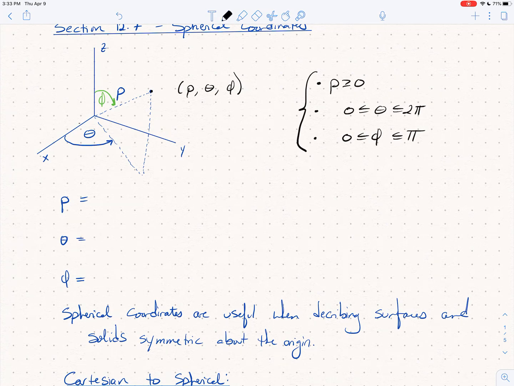I had left a spot to write down what the rho and the phi and the theta were, so maybe let's do that just for completeness' sake of the notes. I've said it already.